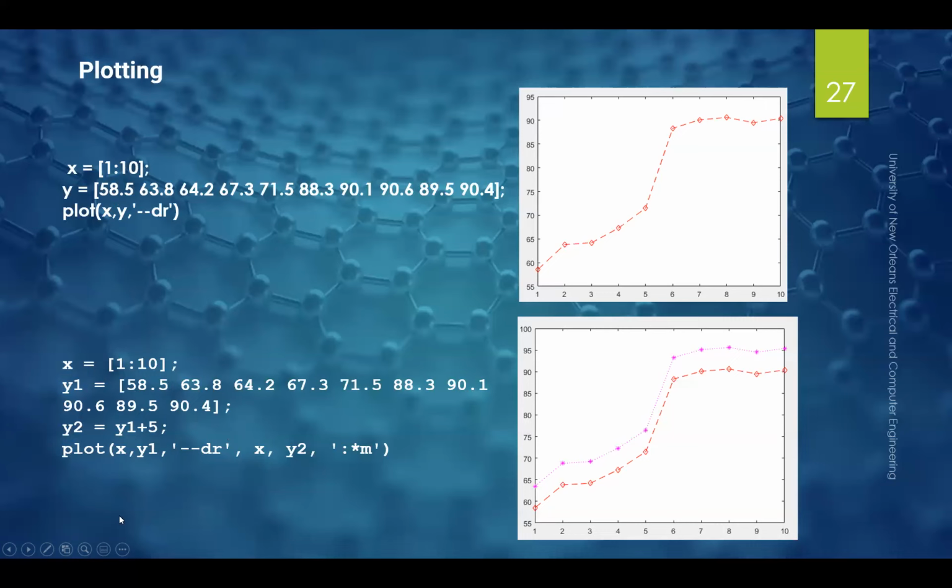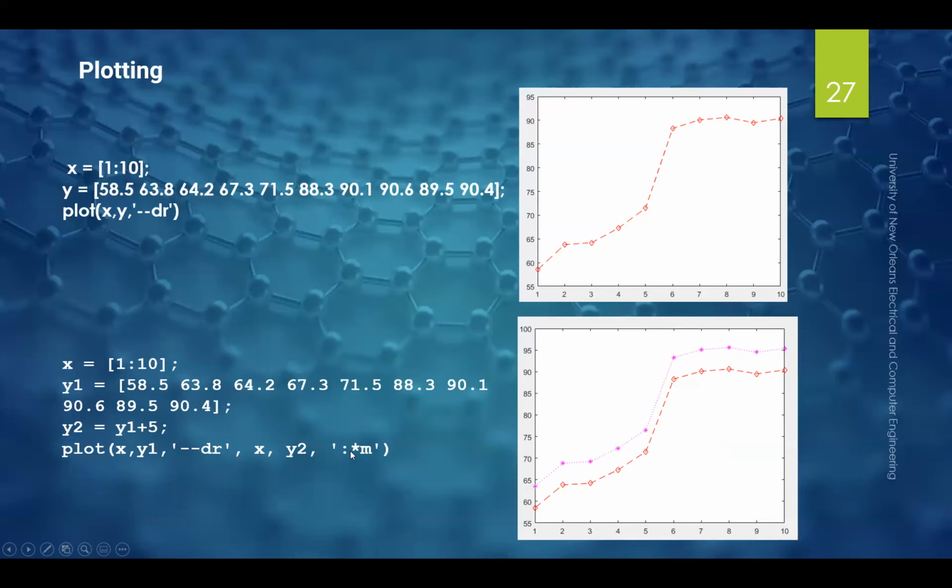Okay, and again, I'm going to have xy1 to define the first set, and xy2 to define the second set. But for the first set, I'm going to keep the same settings that I had before, the dash dash DR. So dash diamond red, to indicate y1.